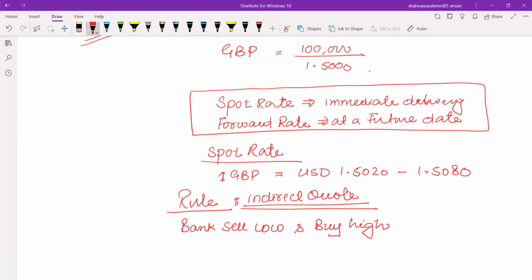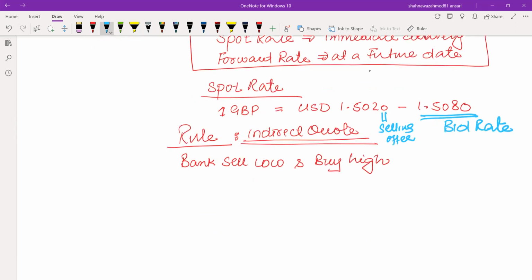So in an indirect quote, always remember that the low rate is the selling rate for the bank and the high rate is the buying rate. So this is the high one, the bank's buying rate or bid rate, and this is the bank's selling rate, also known as the offer rate. Remember, this is for an indirect quote.